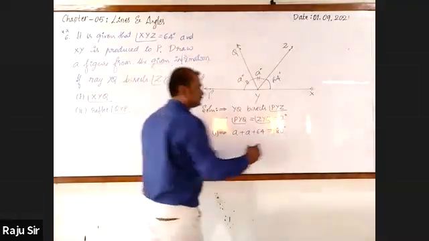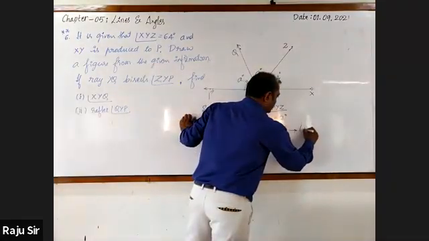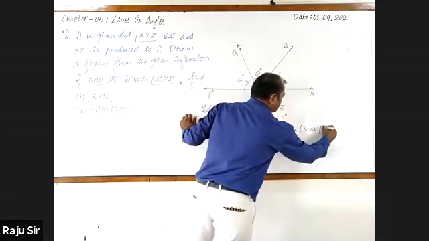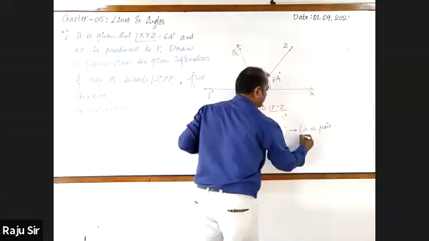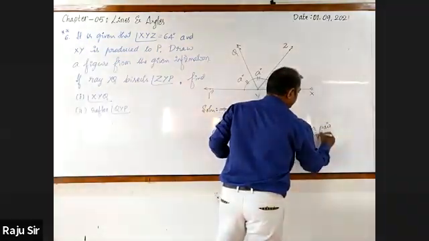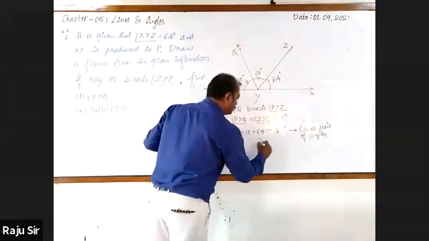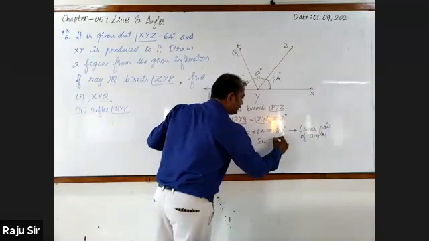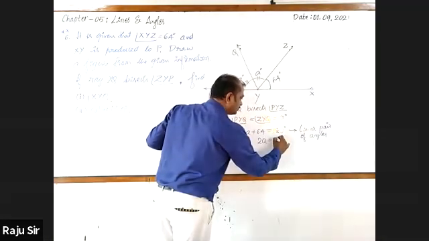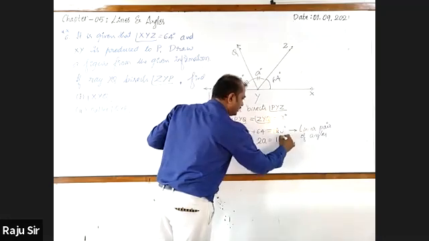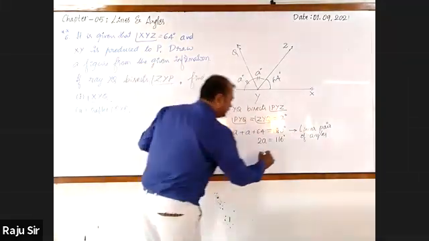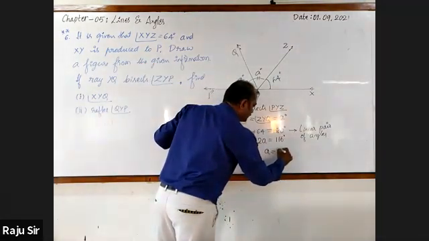Reason: linear pair of angles. Then 2A is equal to how much? 116 degrees. Then A equals 58 degrees.